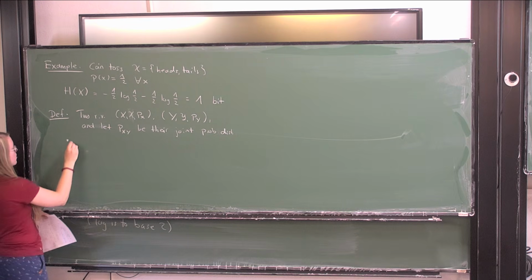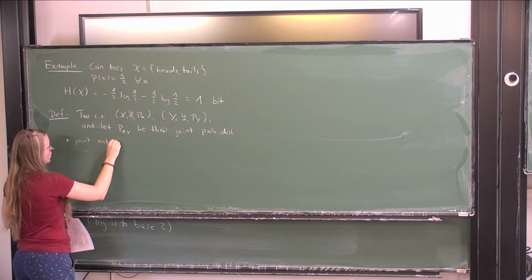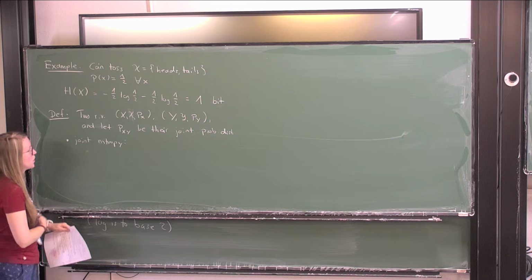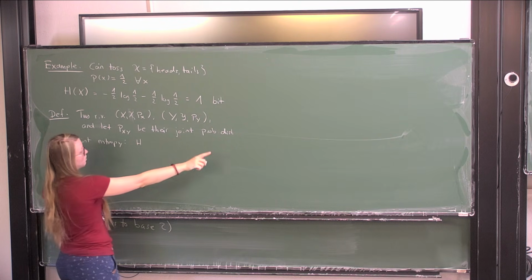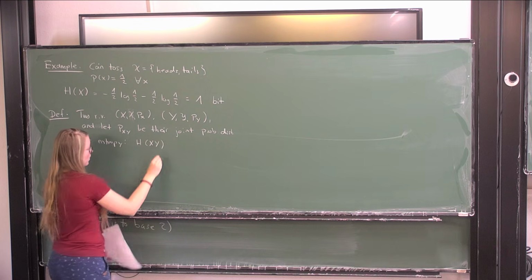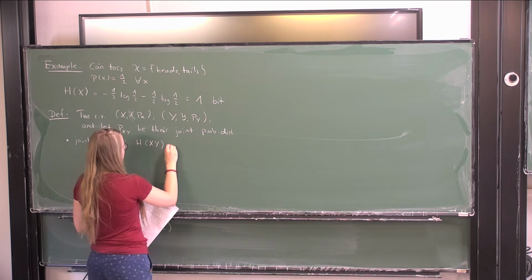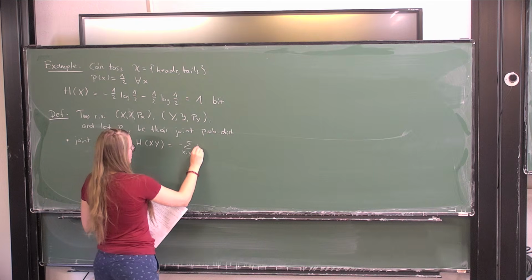The first one is just the joint entropy, which is very straightforward, taking the formula for the Shannon entropy and just replacing the probability distribution with the joint probability distribution, and the sum over x and y.